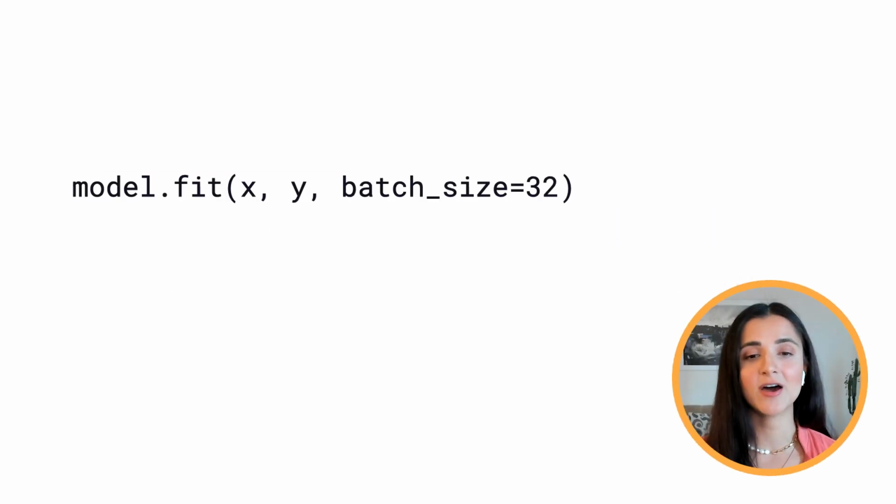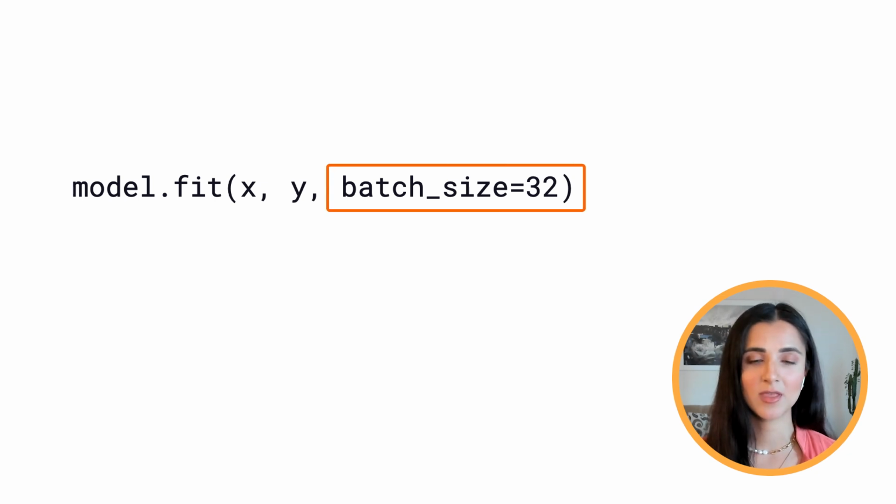The easiest way to understand data parallelism is just by thinking about the batch size. On each step of the model training, a batch of data is used to calculate gradients, which are then used to update the model's weights. Generally, the larger the batch size, the more accurate the gradients are. But we can only make the batch size so large before we start to run out of GPU memory.